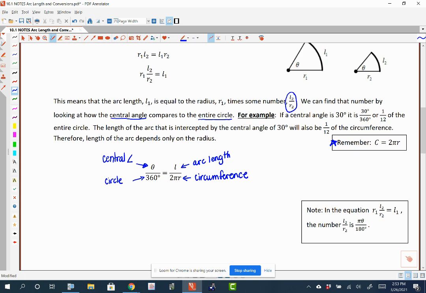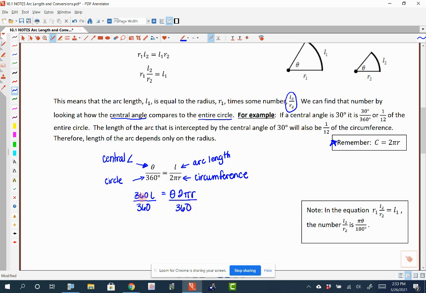So if we cross multiply, we get L times 360, and I'm going to go ahead and write that 360 before the variable L, is equal to theta times 2 pi r. And then we need to divide both sides by 360.